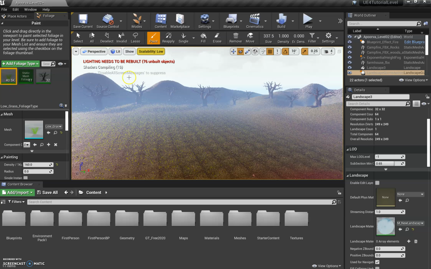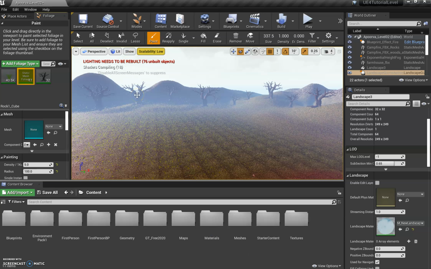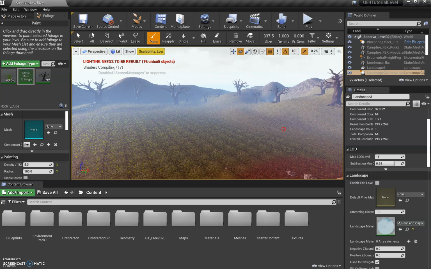I tried to do the same with rocks, but for some reason it just wouldn't work. I'm not sure why. But I did manage to get a few rocks done down there that I messed around with. Those were pretty simple.